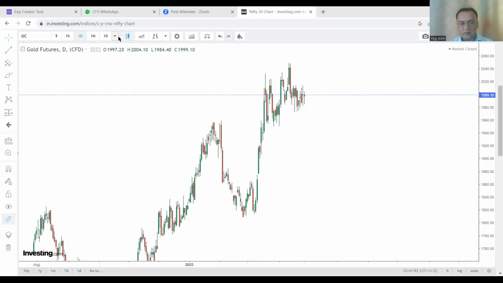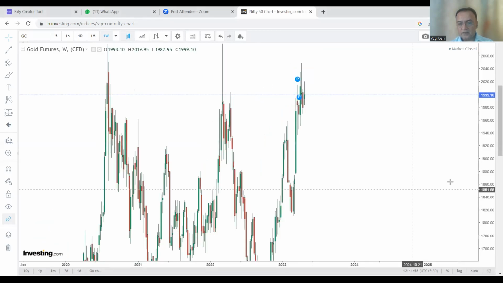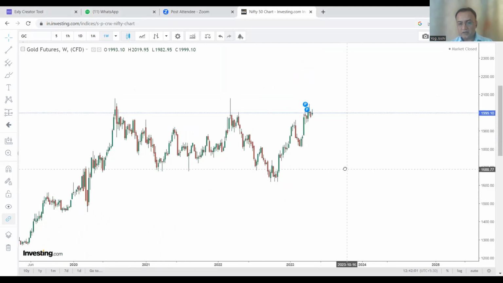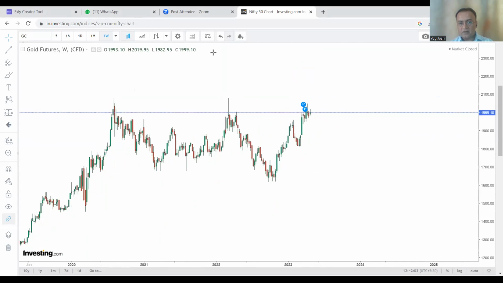We discussed all these things in the weekly chart, where each candle represents a week. So currently gold is clearly at a supply zone.